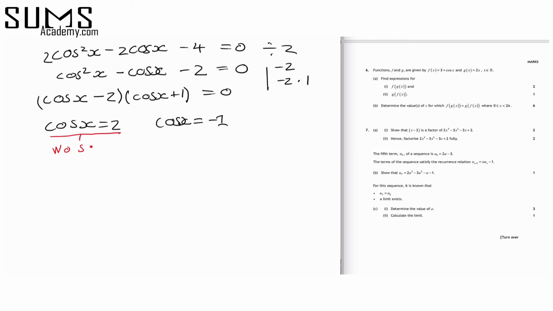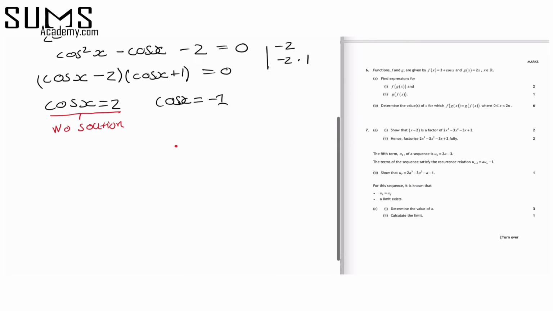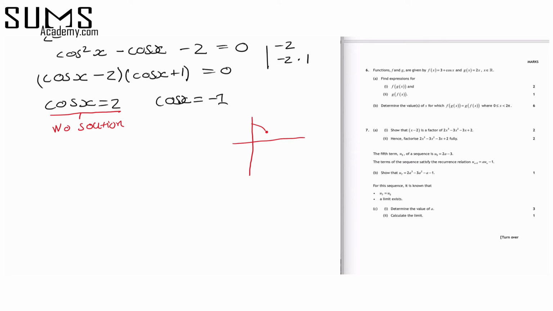No solution. Because if you look at the graph of cos of x, it's going to go like this. It's going to go from 1 to negative 1, so it can't be up at 2.